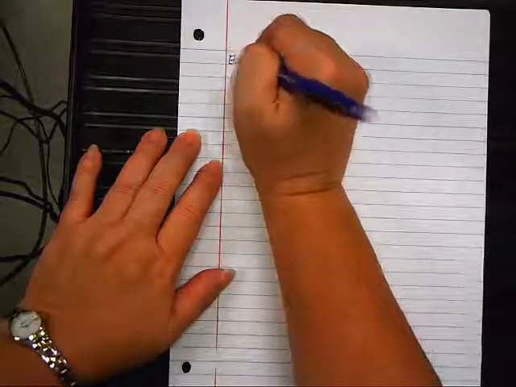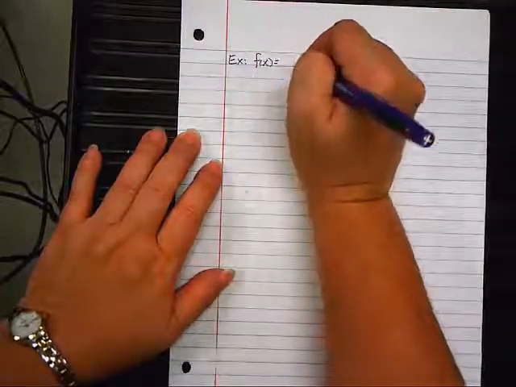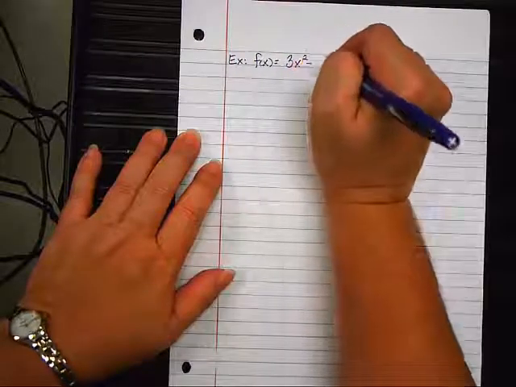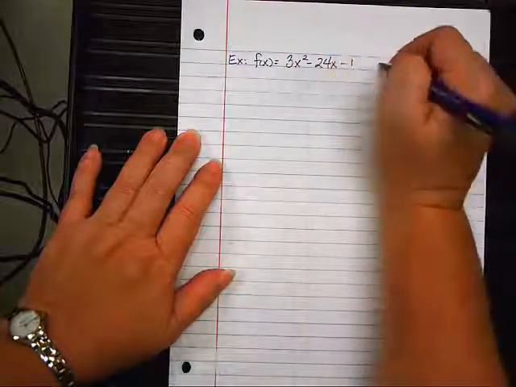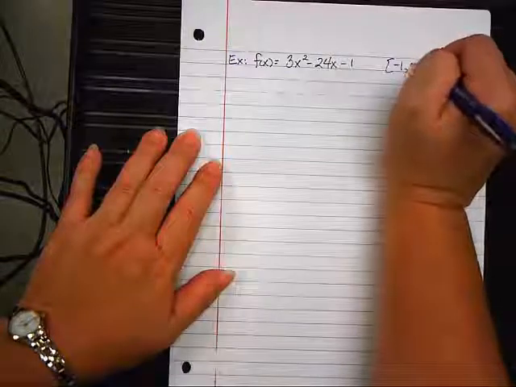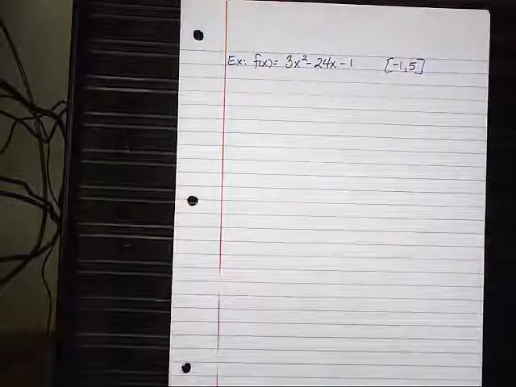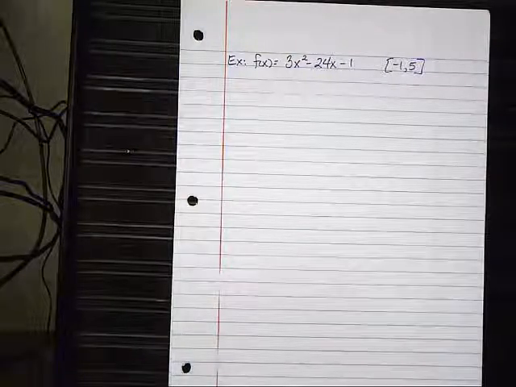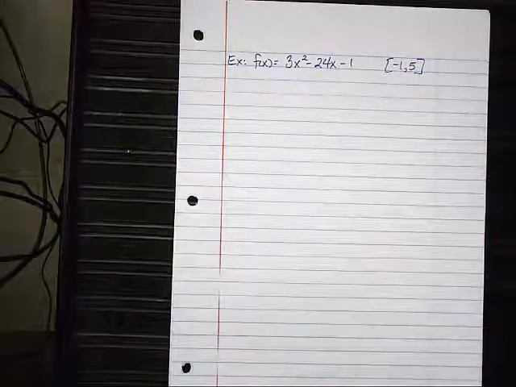For example, f of x equals 3x squared minus 24x minus 1 on the interval from -1 to 5. This time, we're doing it with no picture. Okay, let me write down the way the directions are going to look.